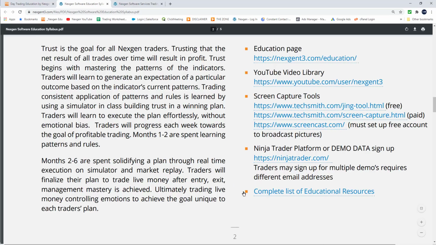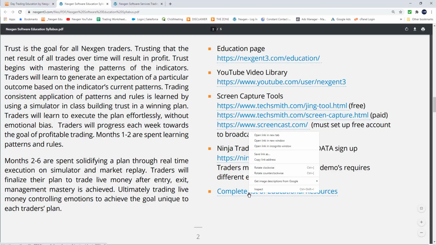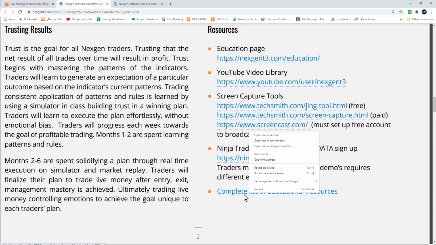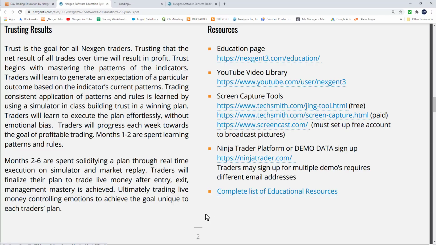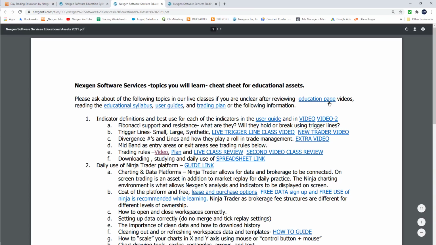If you would like a complete list of all the resources that Nexgen offers, whenever you're clicking on PDFs from the website, right click on a link and open it in a new tab. This complete list will give you literally all the education page, the syllabus, the user guide, the trading plan, and videos for specific topics.